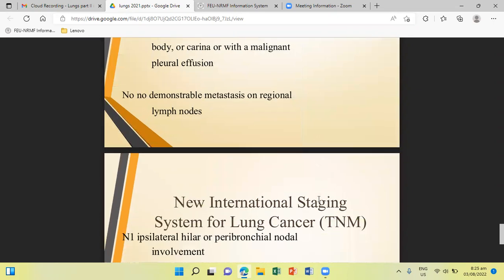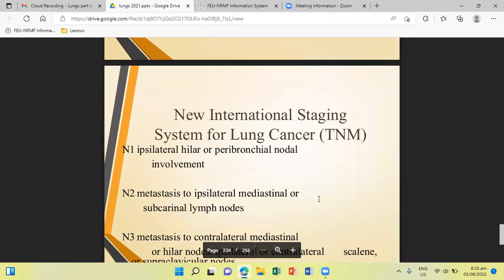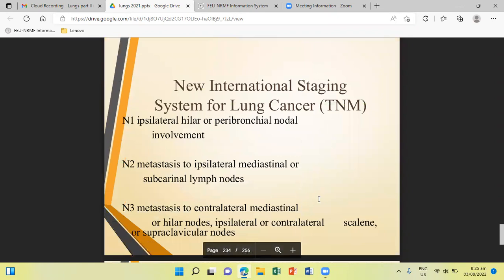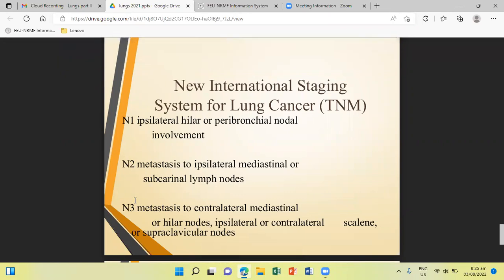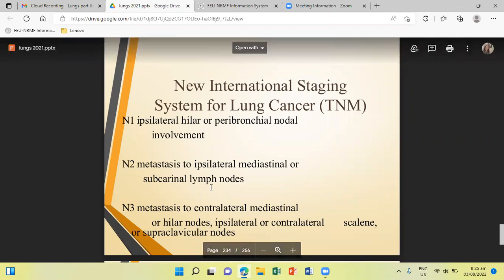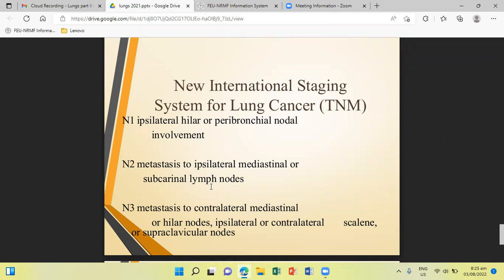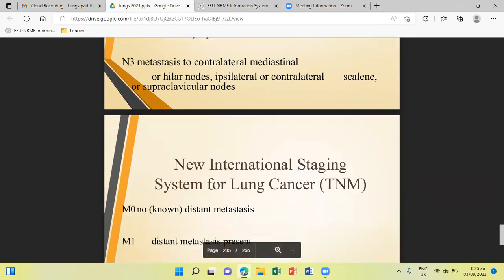Next, you assess the nodes. How do you do this? You can do a CT scan, and the CT scan findings will tell you if there are enlarged nodes, or in the lobectomy sample, the pathologist, as it is being dissected, may be able to isolate lymph nodes. And if the pathologist is able to isolate lymph nodes with evidence of metastasis, then it automatically puts it either N2 or N3, depending on the location of the node. Now, you have to do a total body scan.